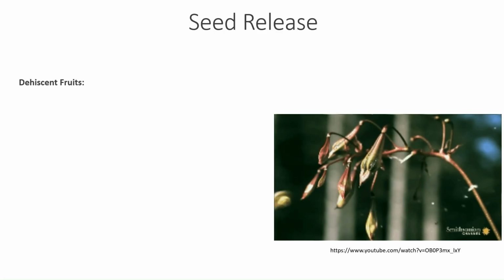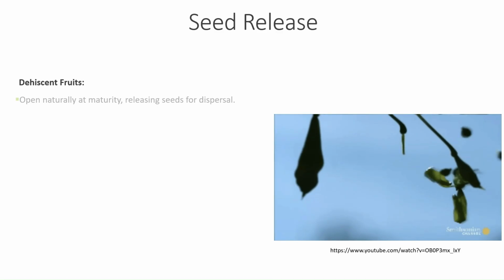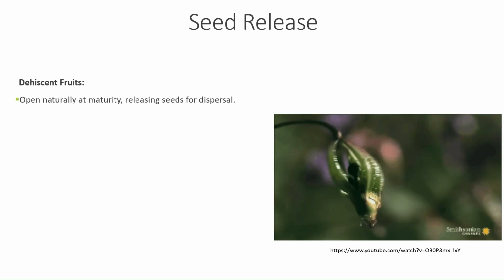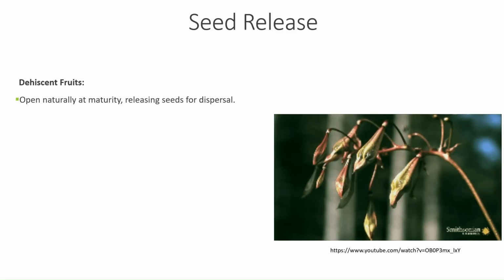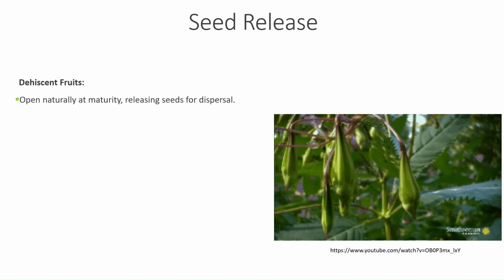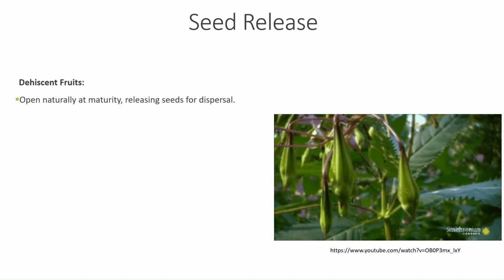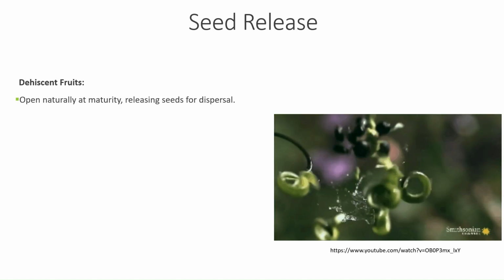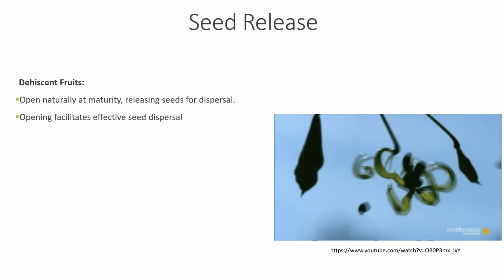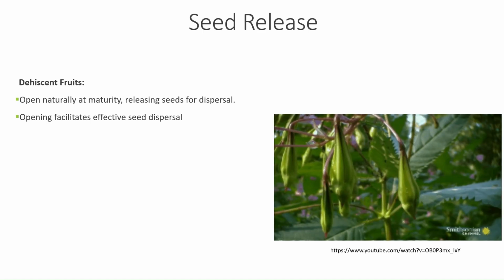It's triggered by drying out and shrinking of the outer regions. And when the region dries out and shrinks, that creates a lot of tension that builds up in the exocarp, or the outer layers of the pericarp. As a result, the seeds are released directly into the environment where wind, animals, or gravity can carry them away.